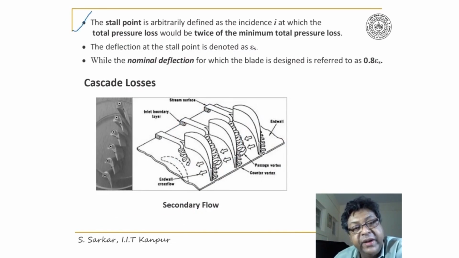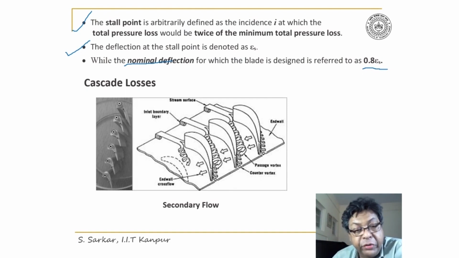Thus, I have explained here the stall point is arbitrarily defined as the incidence I at which the total pressure loss coefficient would be twice the minimum total pressure loss. Further, the deflection at the stall point is denoted as epsilon s, and the nominal condition is referred to as 0.8 of epsilon s, at which a cascade would be designed.